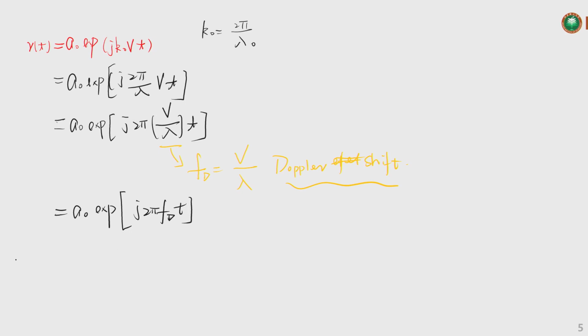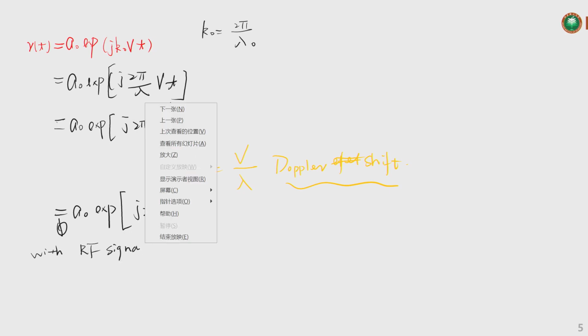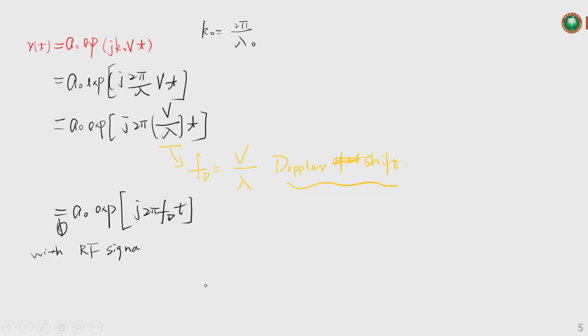Okay, and if we add the carrier frequency, with the RF signal, the Rt becomes a node exp j times omega node t. Omega node equals 2 pi f node, alright? 2 pi times f node plus fd times t.